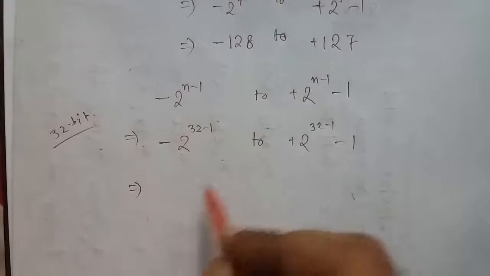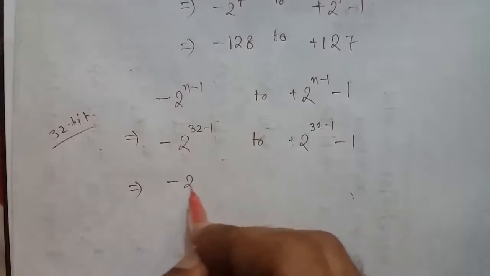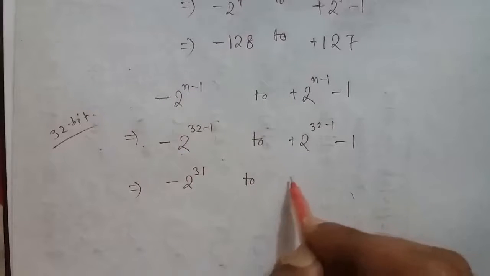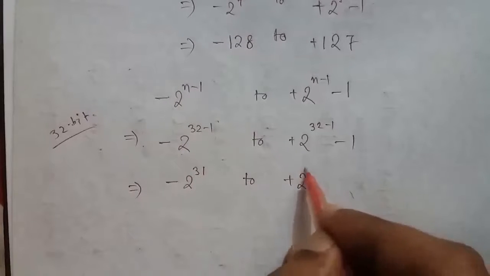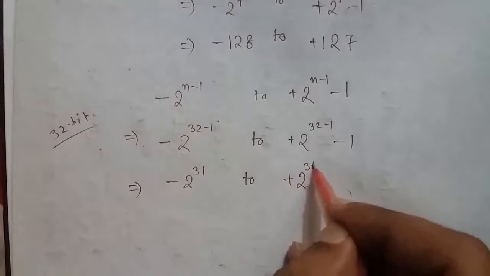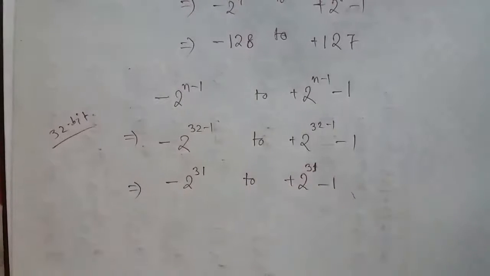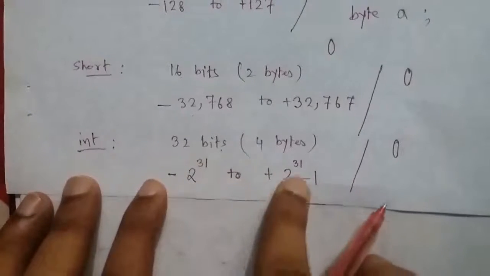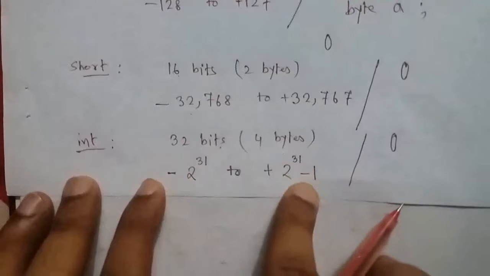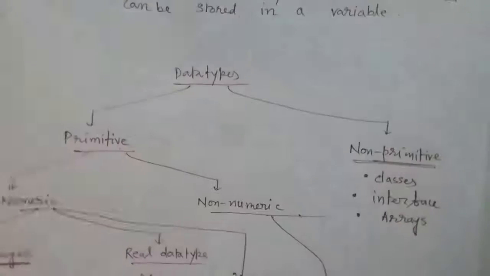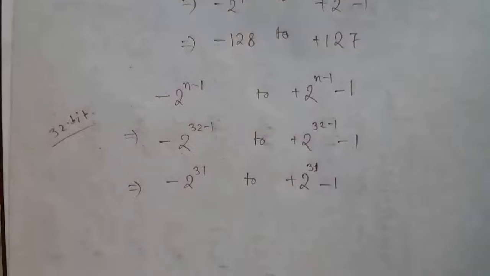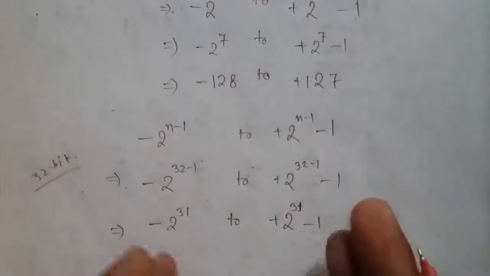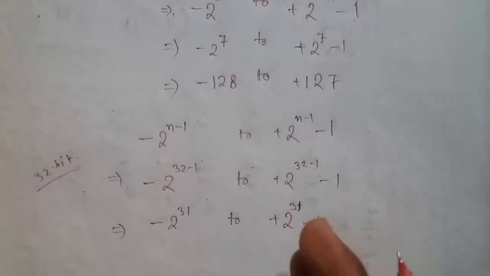That means minus 2 to the power 31 to plus 2 to the power 31 minus 1. Minus 2 to the power 31 is the least value, and 2 to the power 31 minus 1 is the highest value. That means the range depends on the memory size in terms of bits, isn't it?